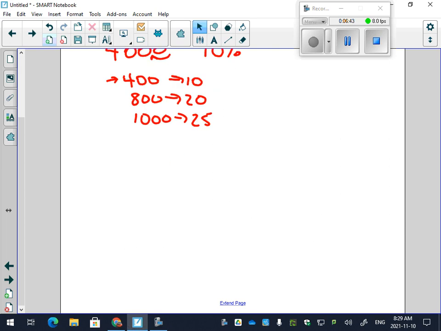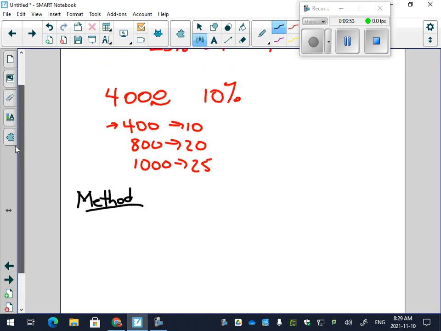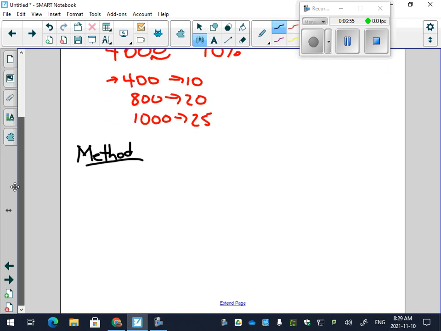Now, let's do the two methods. So method one is where you write it all out, and then you show it step by step. So remember, the cost of the item was $4,000, and we are taking off 25%, so we multiply it by 25%.